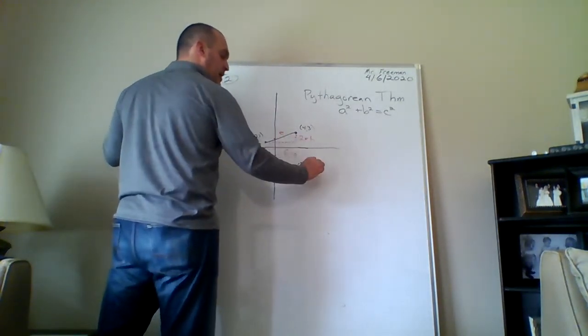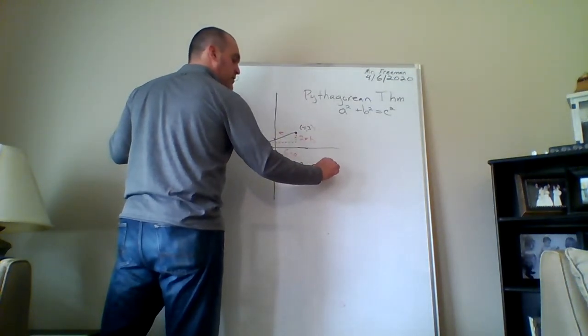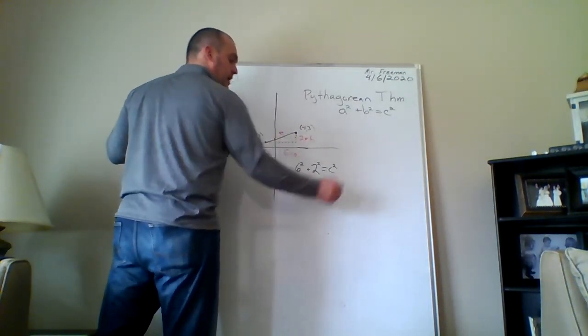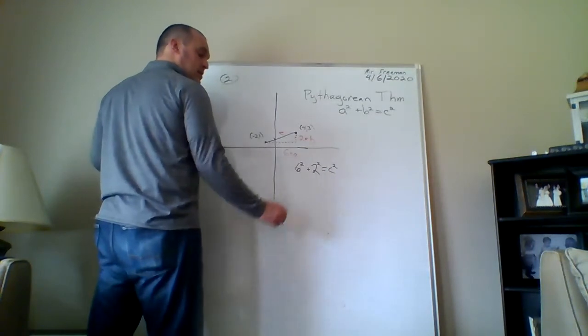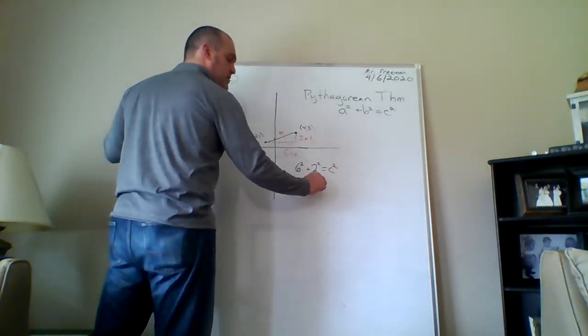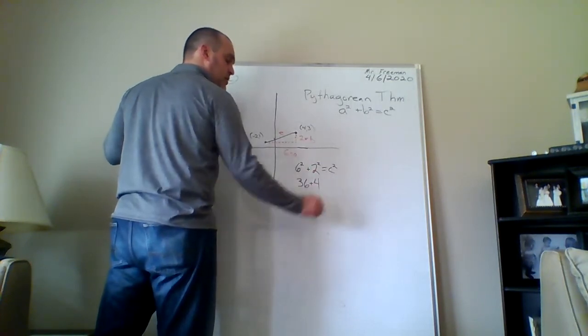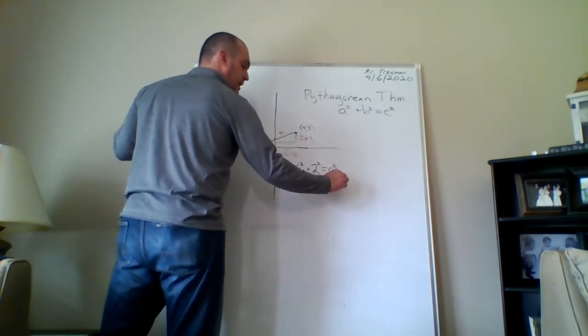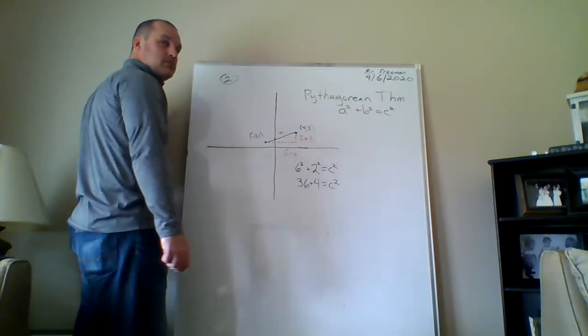If that's my B, that's 2 squared. And that's going to equal my C squared. 6 squared is 36. 2 squared is 4. That's equal to C squared.